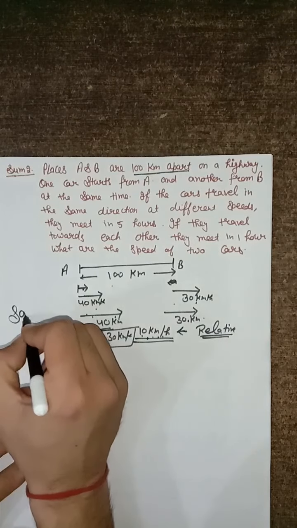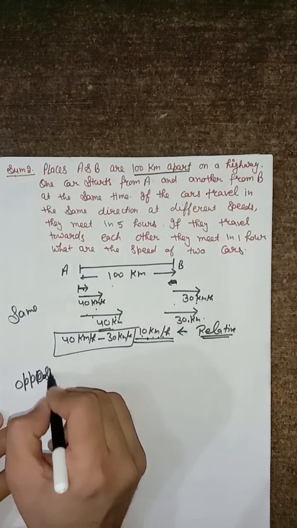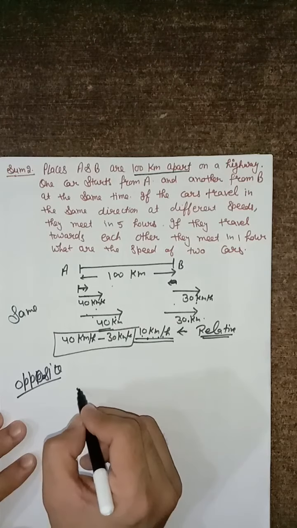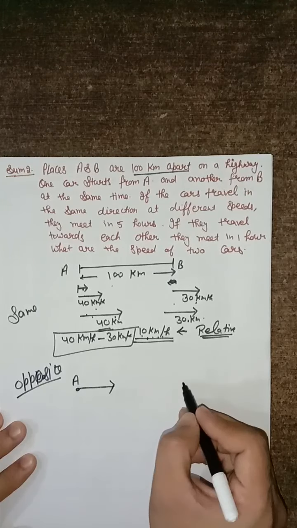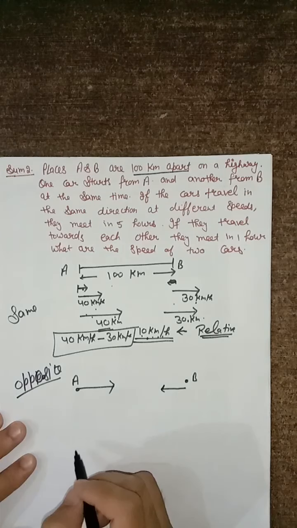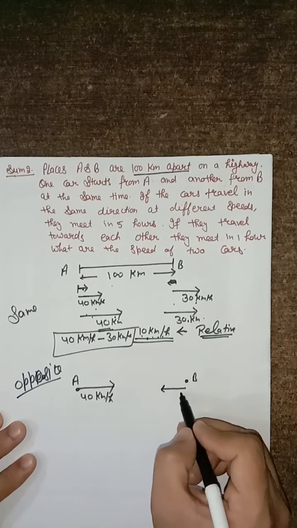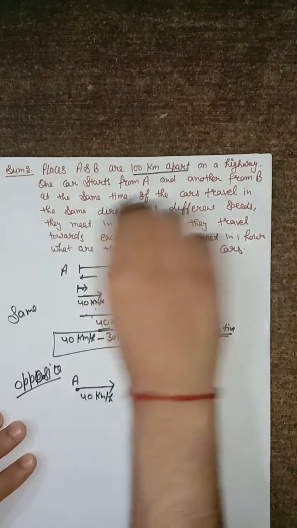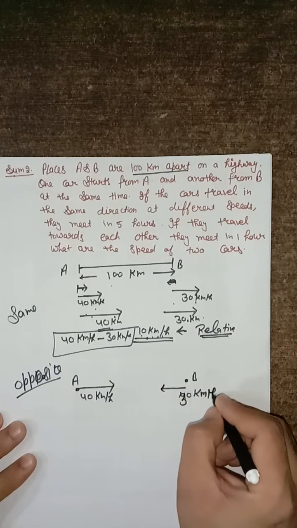Now for the opposite direction, if my car A moves from here in this direction and car B from here in this direction, this is moving at 40 km per hour and this is moving at 30 km per hour.